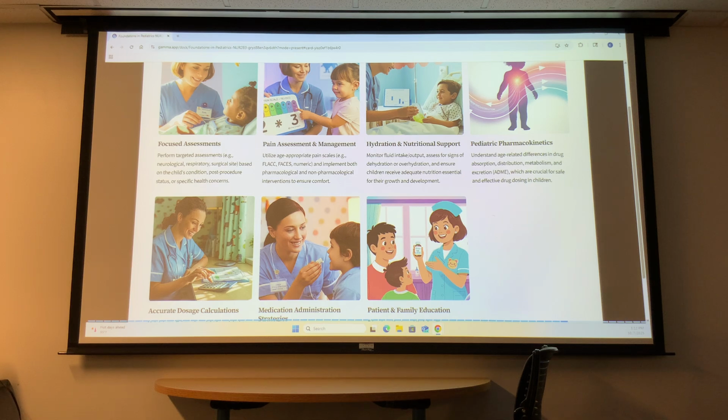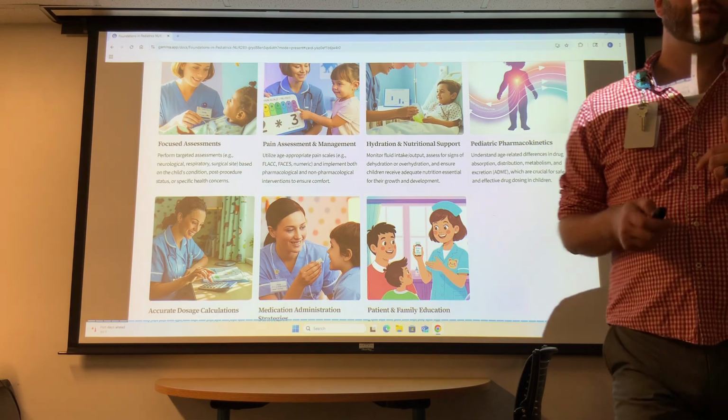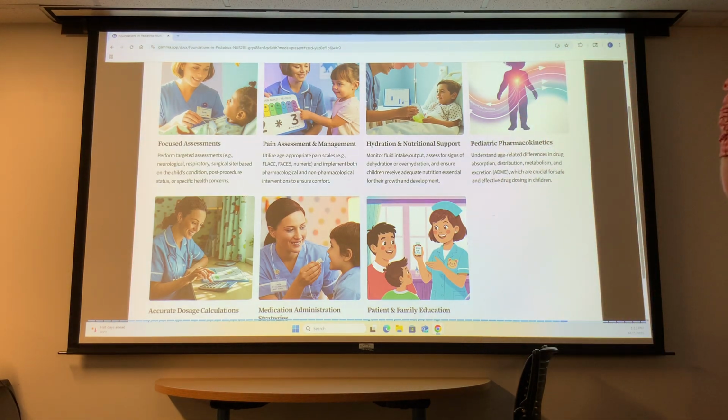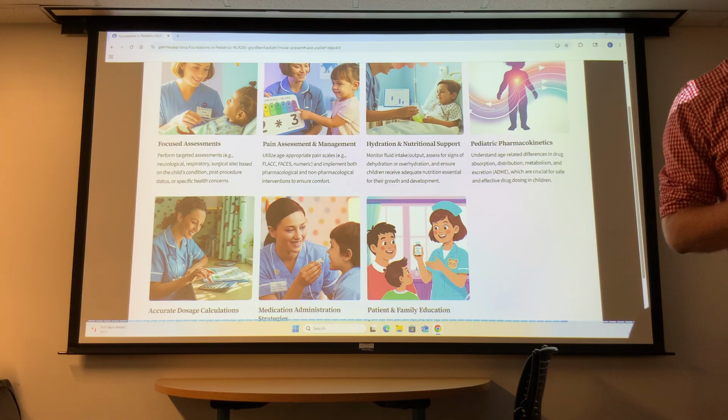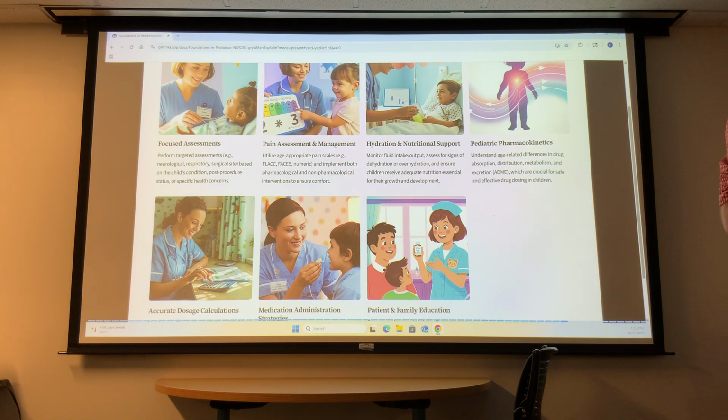That we're doing accurate dosing calculations, okay? And we're gonna work on some here in just a second. Medication administration strategies. Are kids good about taking their meds? No. Absolutely not.